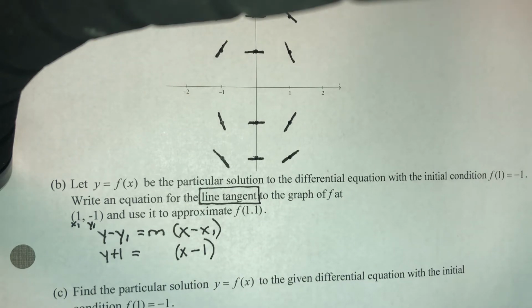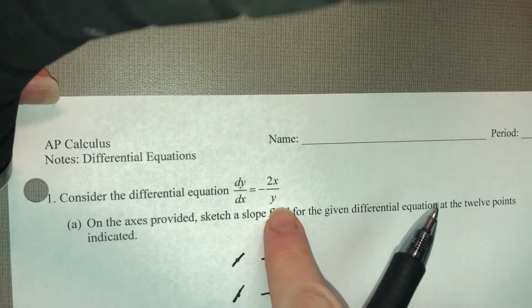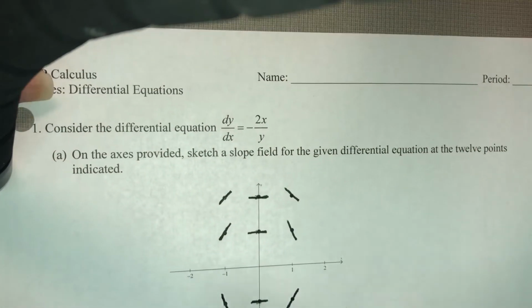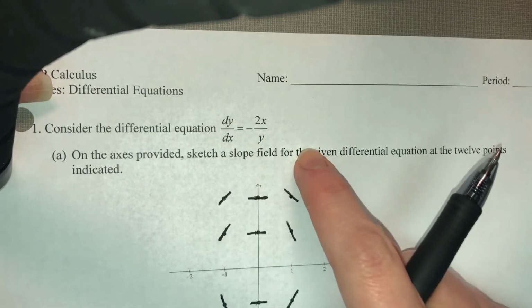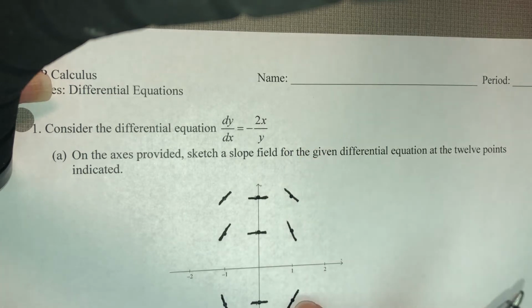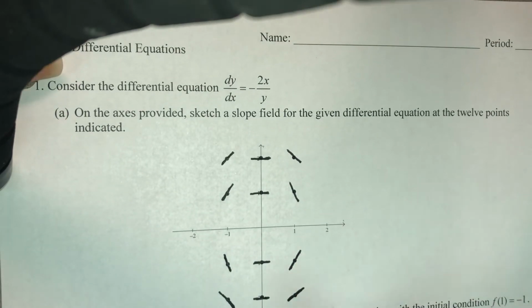Where do we get the slope? Well, this is still working off of the same differential equation. We're on part B of this problem. So we can substitute in our point, 1 for x and negative 1 for y, which we actually already did when we came up with this one. So that's going to be a slope of 2.